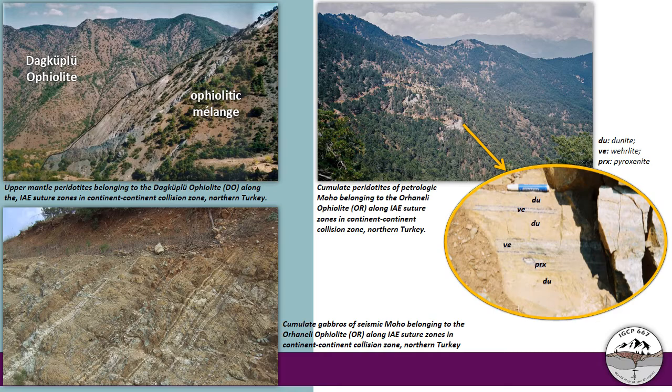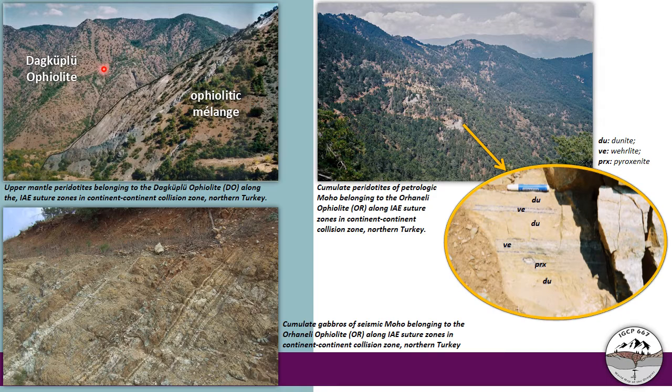Mafic-ultramafic ophiolite assemblages are also observed in the surroundings of Dağküplü Mound, northern Eskişehir city, western part of the İzmir, Ankara, Erzincan suture zone. Dağküplü ophiolite is underlain by a mélange containing blocks of serpentinite, peridotite, dolerite, basalts, chert, radiolarite, neritic and pelagic limestone, and metamorphic rocks in a serpentinite and or mudstone matrix.